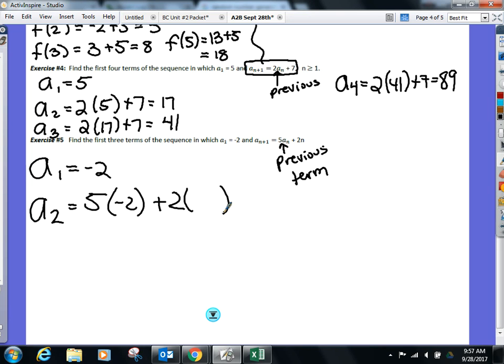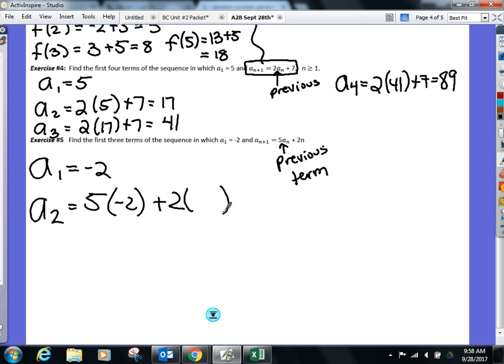What term are we on right now? The second term, right? And this a sub n meant my previous term. If I'm on the second term, what was the previous term? The first term, correct? So what number must have gone in for n to represent the first term? 1.